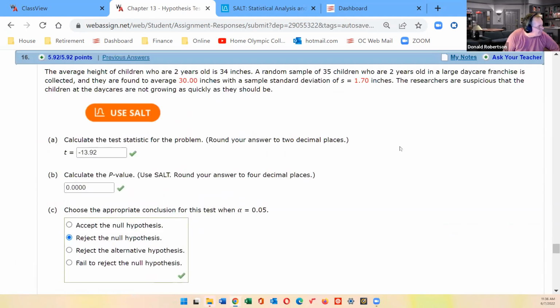Let's look at this data. In the big population, a 2-year-old's about 34 inches, right? Give or take a few. Some are tall, some are shorter, but about 34 inches. Kids in a daycare center are only 30 inches.